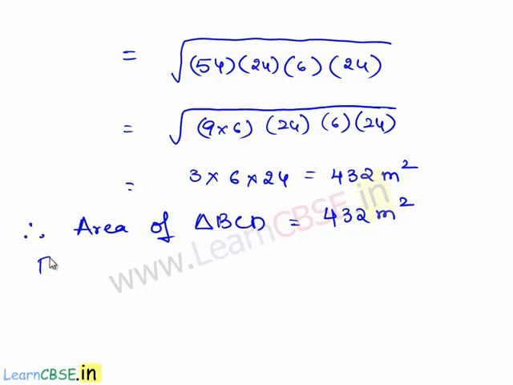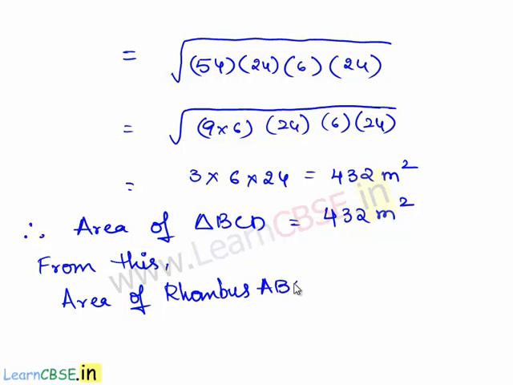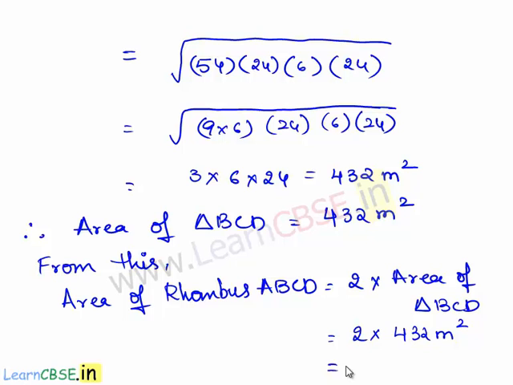So from this, area of the rhombus ABCD is equal to 2 times area of triangle BCD. Therefore, area of the rhombus ABCD is equal to 2 times 432 meter square, which is 864 meter square.